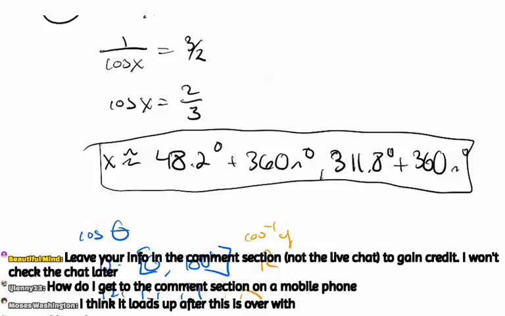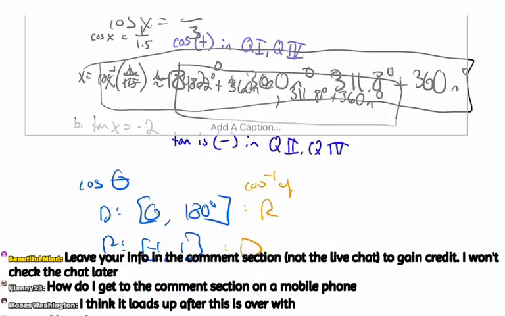Okay. Decimal form, secant. Let me see something. Negative 27, 318. Was it 311? 311.8.